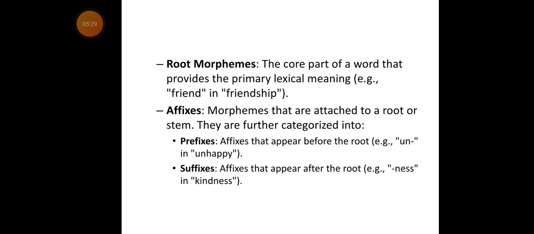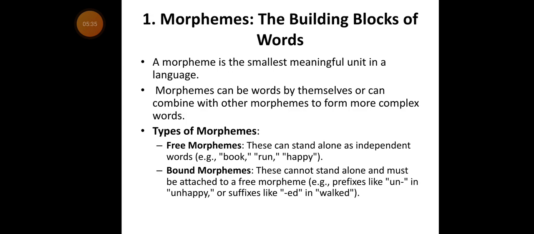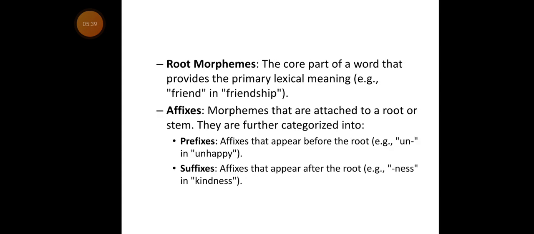A prefix is an affix that appears before the root, e.g., un in unhappy, which we have discussed here. Then we have the suffix, ness at the end of the word. Kindness: kind itself is a free morpheme, ness is a bound morpheme, and we combine these two to make kindness.